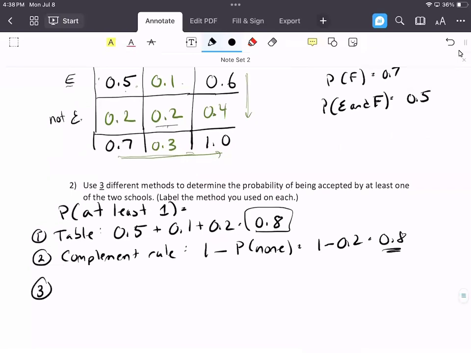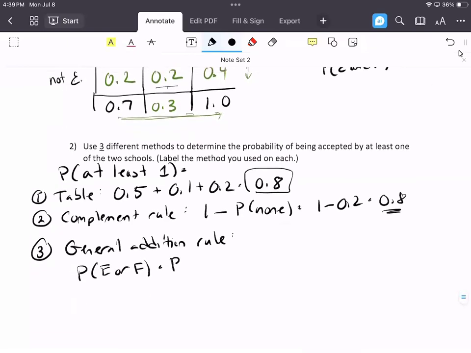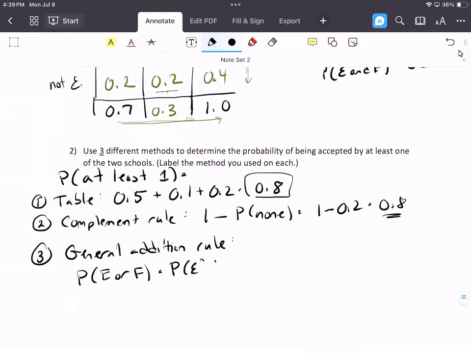The last one, there's overlapping, or at least I'm guessing there's overlapping, and we're going to use that general addition rule. So the probability of E or F is the probability that we get into E plus the probability that we get into F minus any overlap, because we only want to count it once.